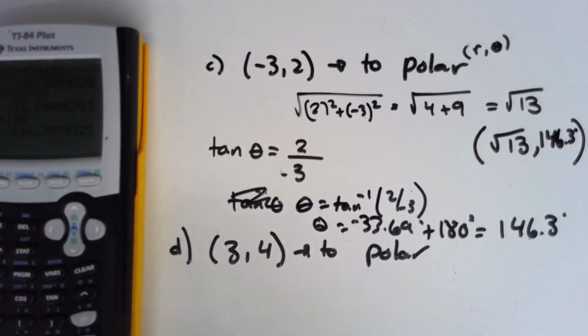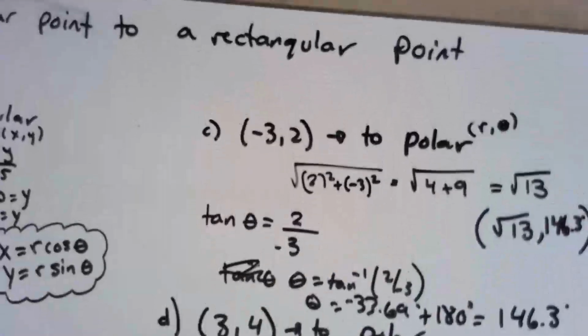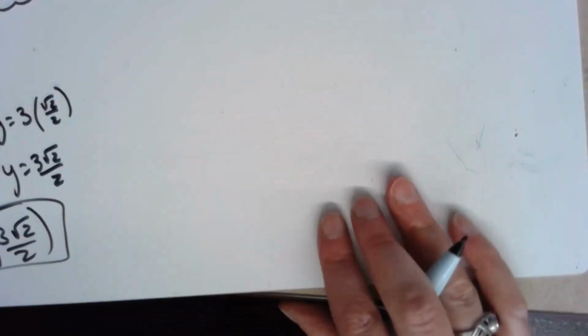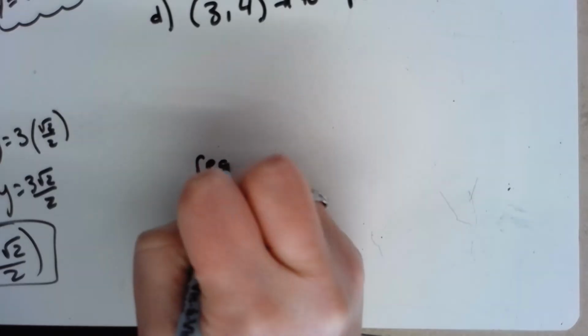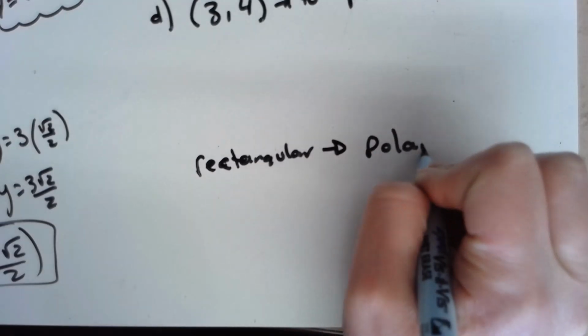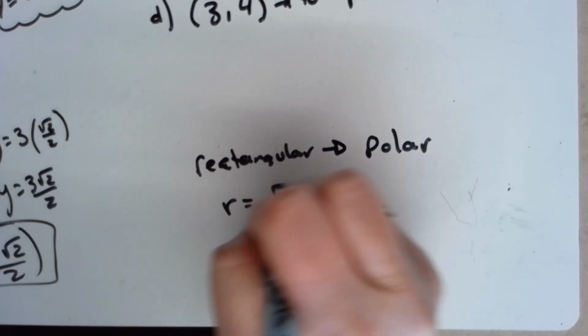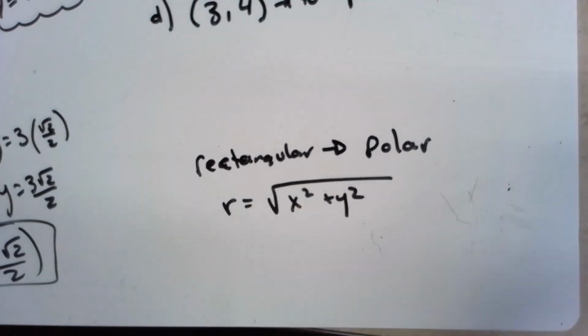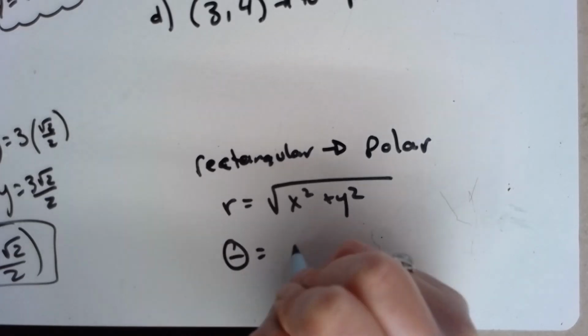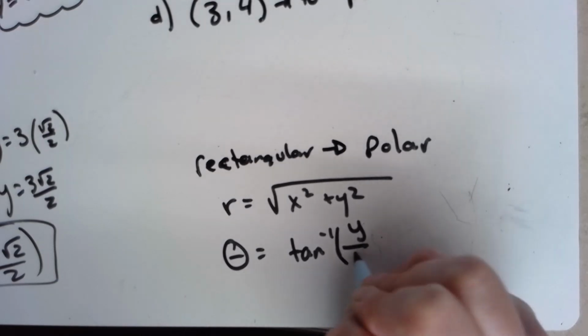So if we were looking at just generally how to find rectangular to polar, let's see, I'm going to write this right here. From rectangular to polar, r is simply going to equal the square root of x squared plus y squared, the Pythagorean theorem, and theta is going to equal tangent inverse of y over x.